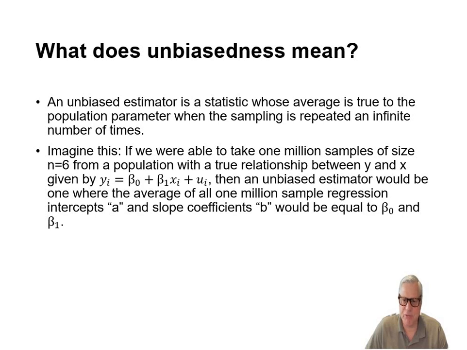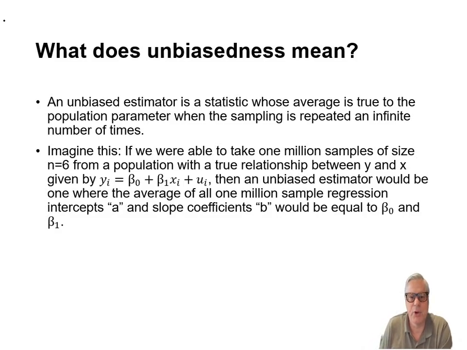Imagine this: if we were able to take 1 million samples of size n equals 6 from a population with a true relationship between y and x given by yi equals beta 0, that's the population intercept, plus beta 1, which is the population slope, times xi, plus ui, the residual, then an unbiased estimator would be one where the average of all 1 million sample regression intercepts A and sample slope coefficients B would be equal to beta 0 and beta 1.